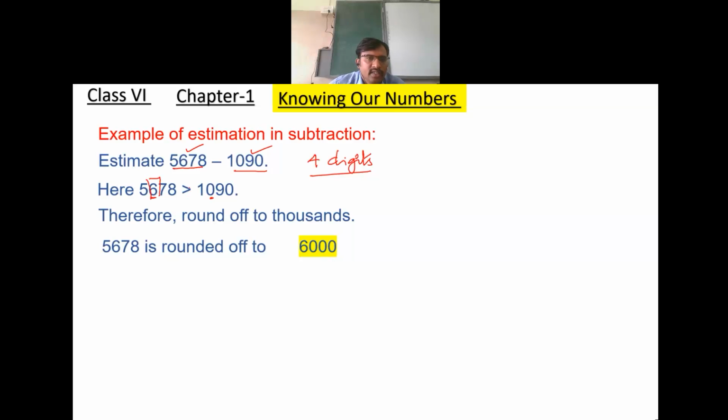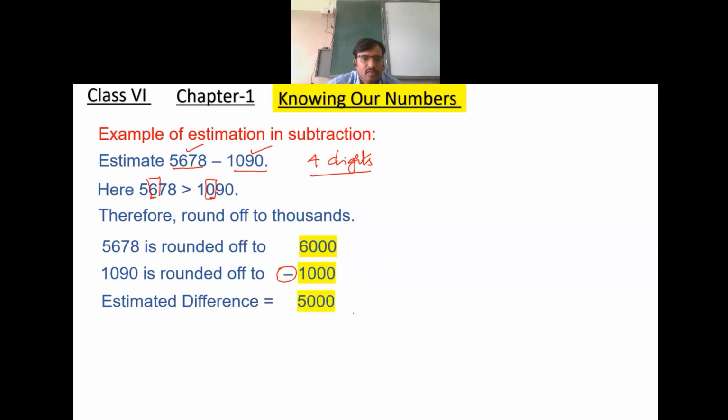When we round off 1,090 to the nearest 1000, it becomes just 1,000. When we subtract, we get 5,000. This is the estimated difference, but the actual difference is 4,588. You have understood the logic behind this?